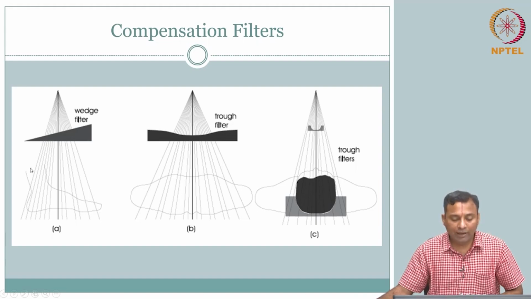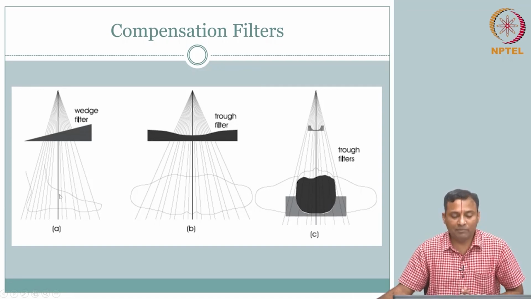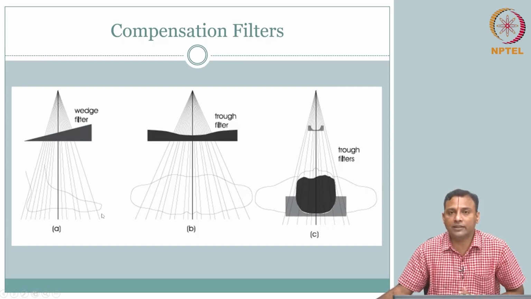So if I don't have any way to compensate for this difference in path length, your plain interpretation would be that there is more attenuation on this side, less attenuation on this side. So the material is more attenuating here than this side, which is not true. The material is the same. It is just that the path length is more on this side, and less on this side. The path length is the length of this line that is passing through the material.